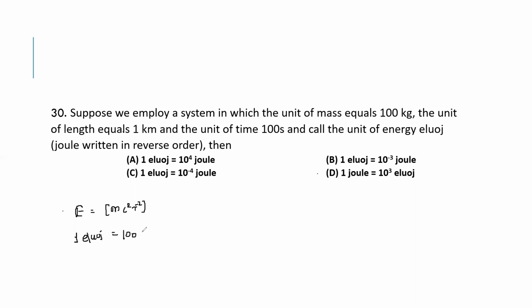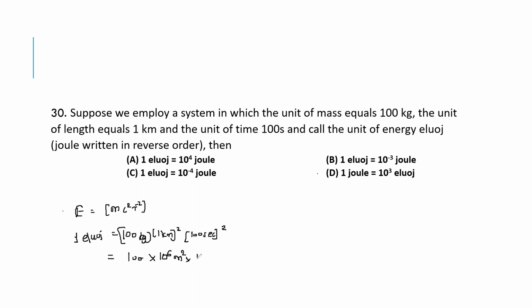This is equal to 100 kg into 1 kilometer square per 100 second square. So this is equal to 100 kg into 1 kilometer, which is 10 raised to 3 meter. Squared, it becomes 10 raised to 6 meter square.